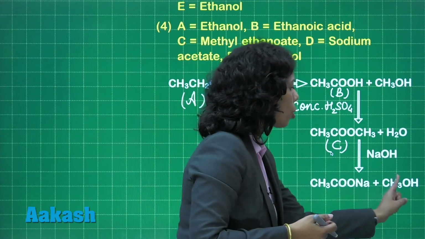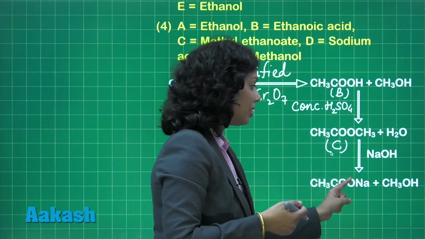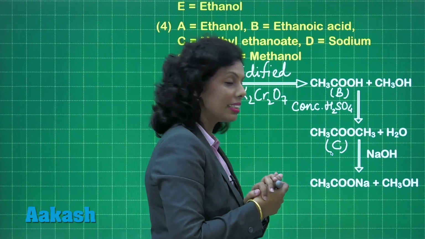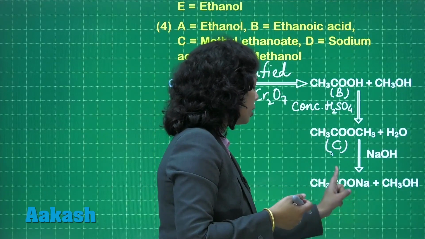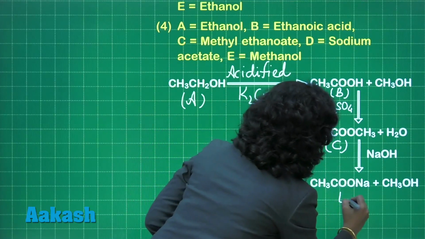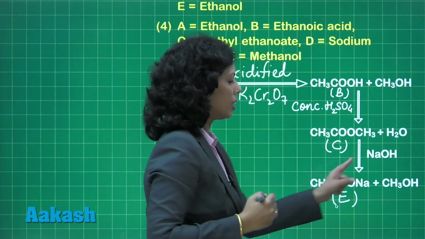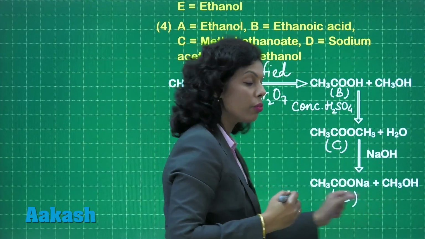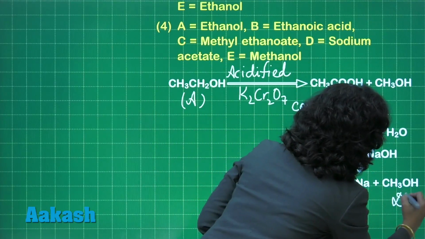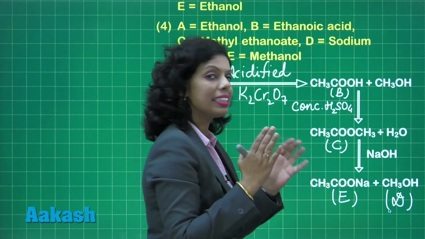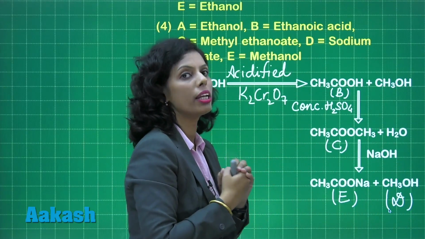Along with that, it is forming methanol. And as per the question, you can clearly see here that this is the compound that is formed here as the product E, while this is the compound D, which is very much harmful for your optic nerves if its intake is done in even small quantities.